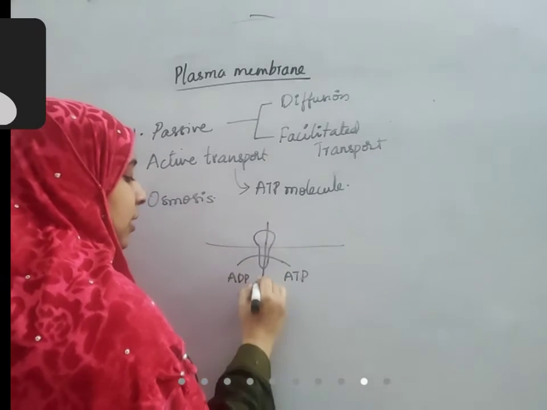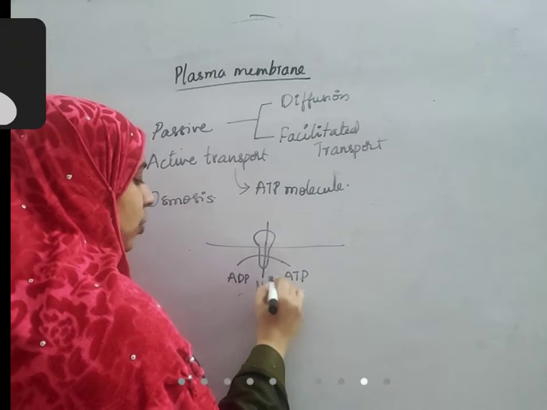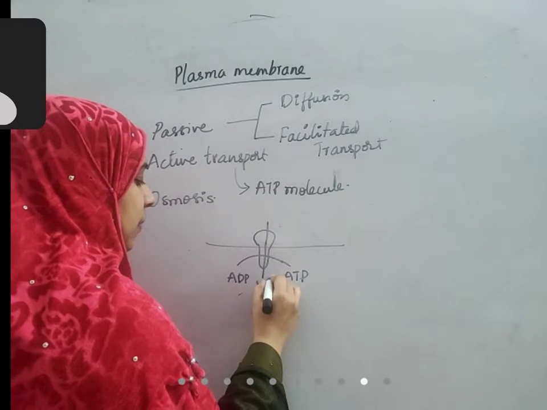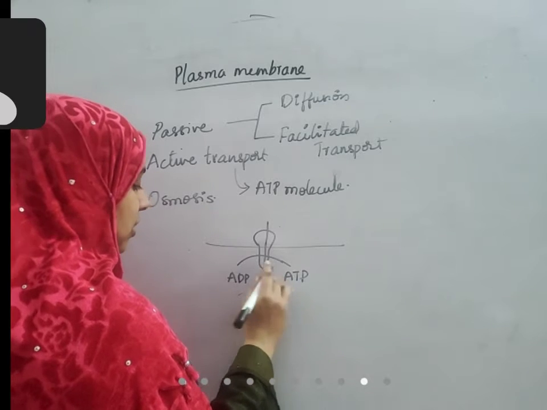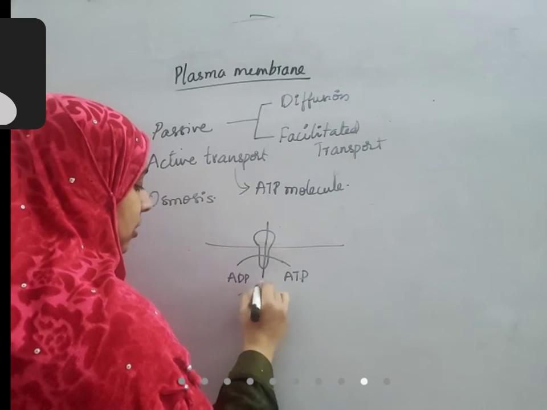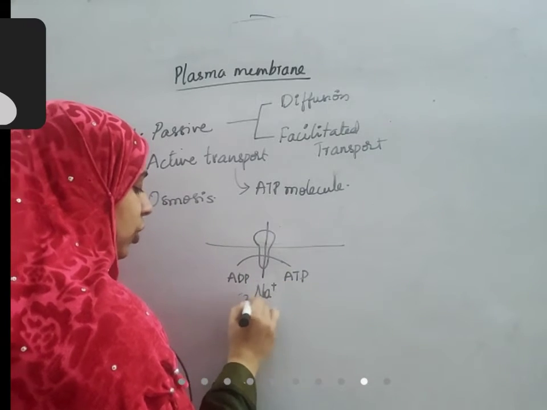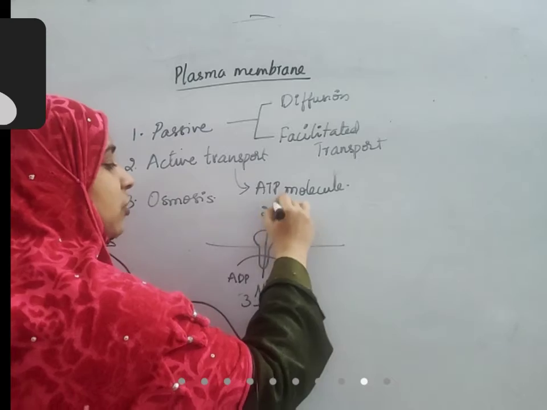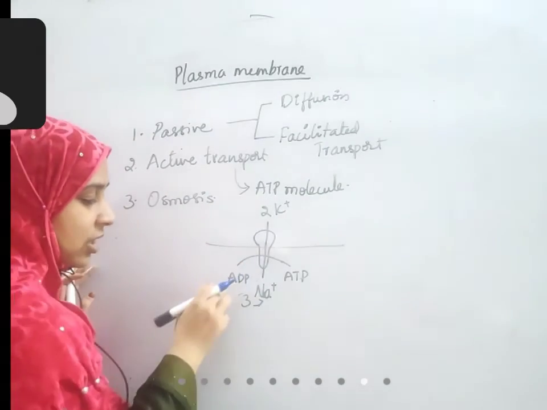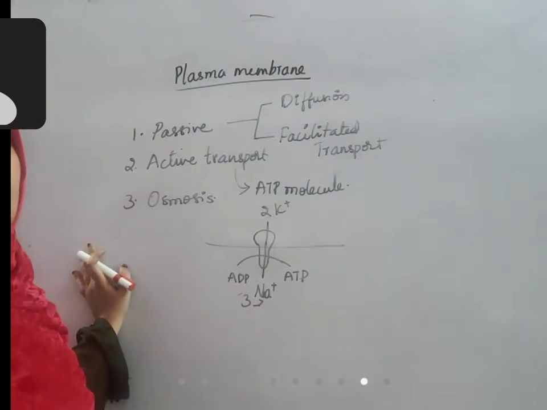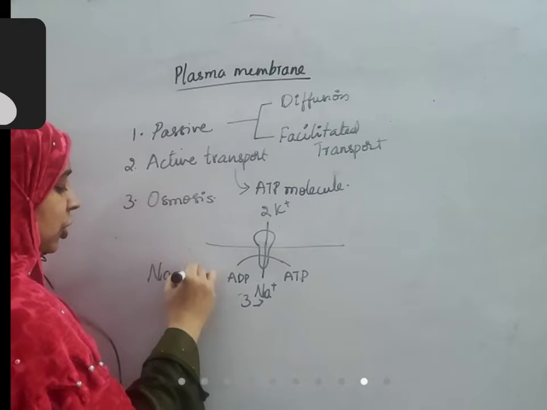During this time, sodium ions, Na plus, three molecules of sodium are exchanged with two molecules of potassium. When this exchange occurs, ADP is converted into ATP. Okay, this process is called the sodium potassium pump.